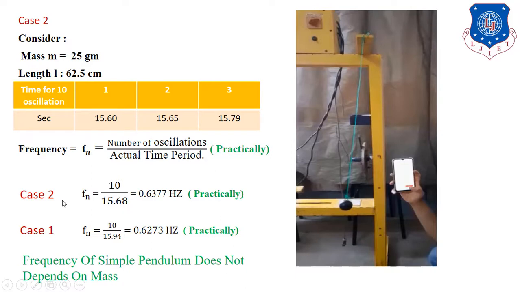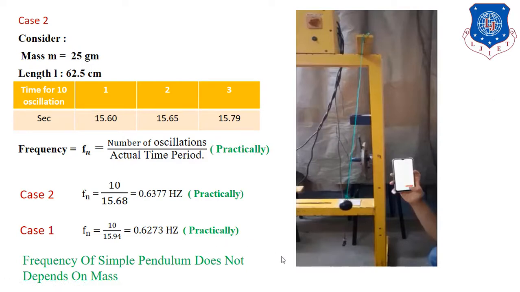So we get frequency Fn equal to 0.6377 Hertz practically. Now you can see that in case 1 we got 0.6273 Hertz. If you compare the case 1 frequency and the case 2 frequency, you can see that the frequency is nearly the same.